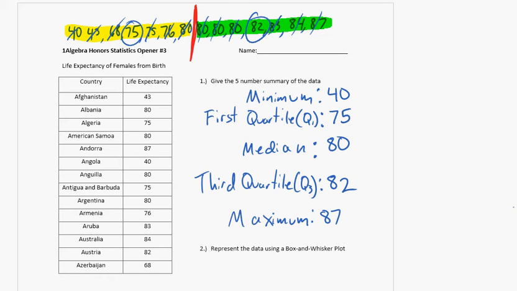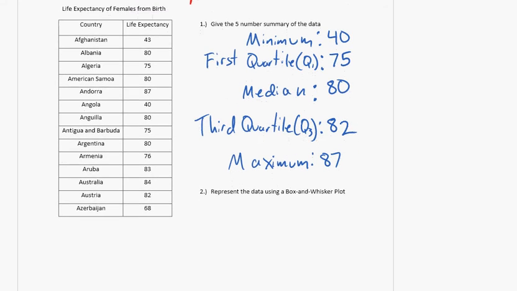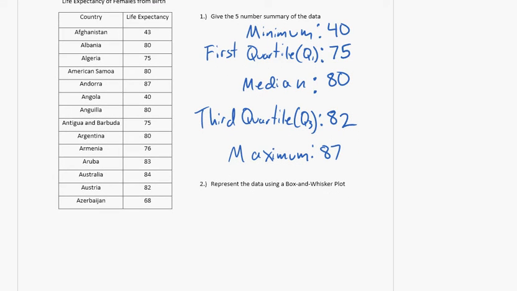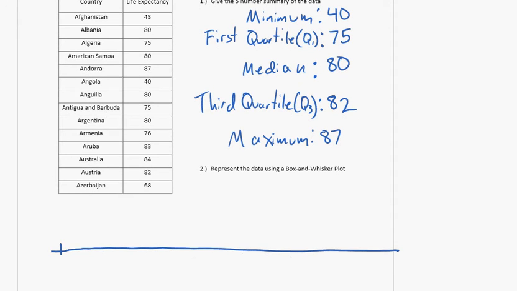And then here is how we make a box and whisker plot. We make ourselves a little number line, and that number line has to go at least from your minimum to your maximum. So I'll put 40 somewhere down at this end. And then you can go up by whatever you want.